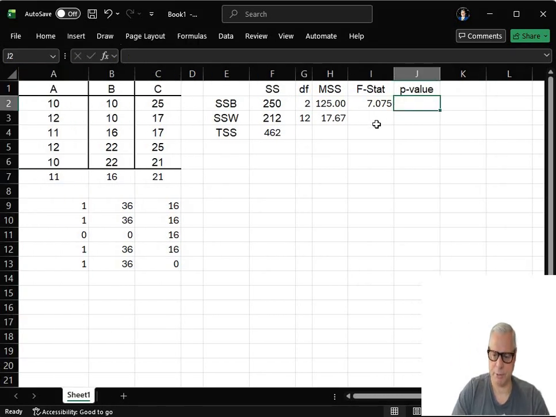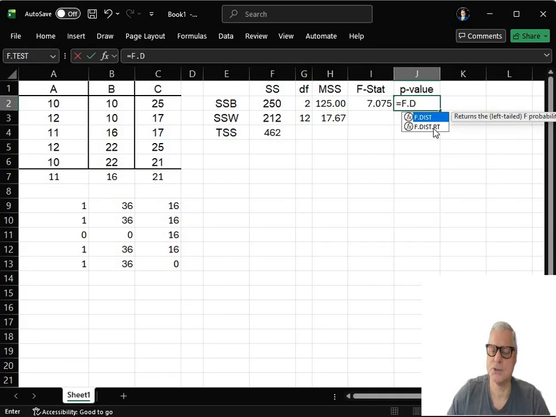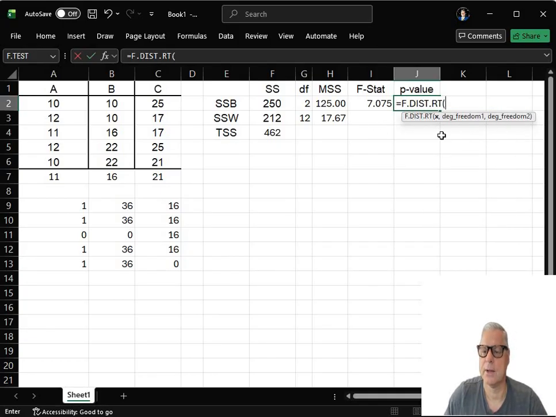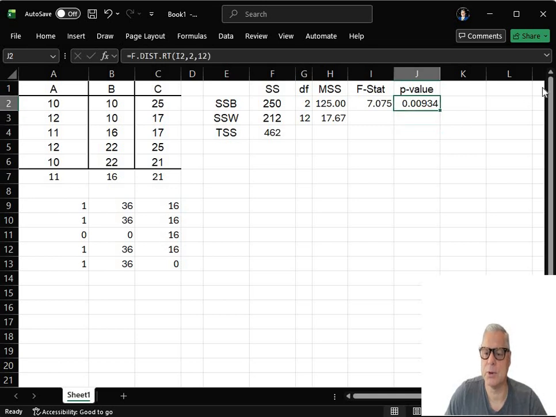Okay, now we have a little bit more space: equals F.DIST.RT. The x is the 7.075, our F statistic. The degrees of freedom in the numerator, that's degrees of freedom 1, is 2, and the degrees of freedom in the denominator is 12. So now we get a p-value of roughly 1%.